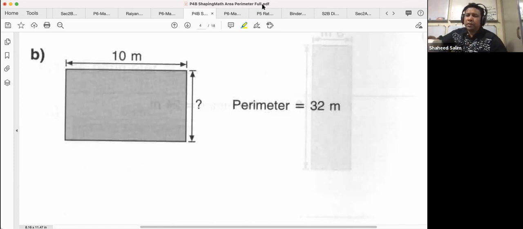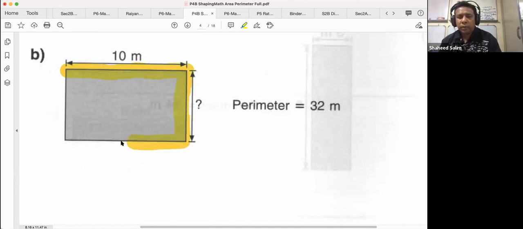Neris can do or not, Neris? Remember, Neris, perimeter is what? Is the thing on the outside, the outline. This is the line on the outside is perimeter. This is perimeter. Area is different. Area is on the inside. Perimeter is outside. The outline is perimeter.